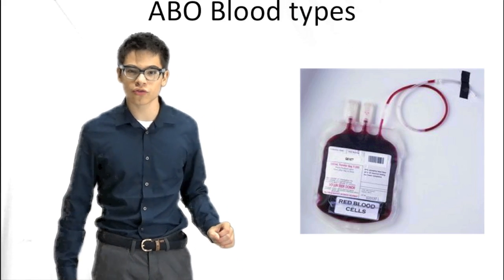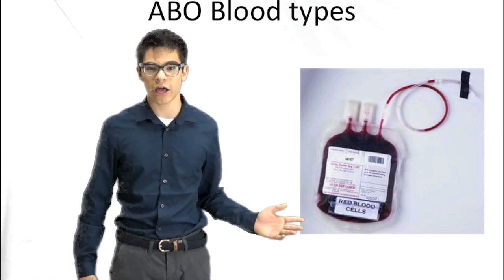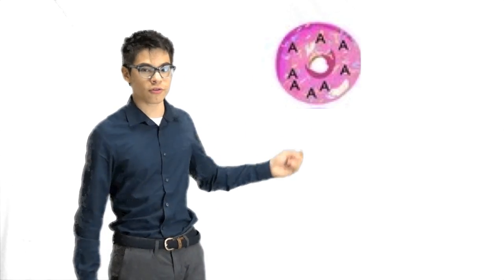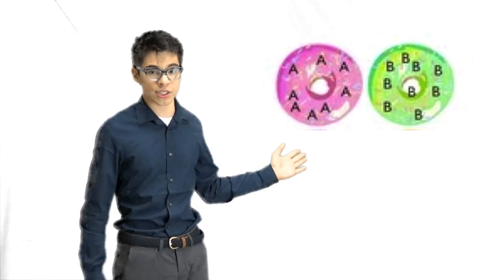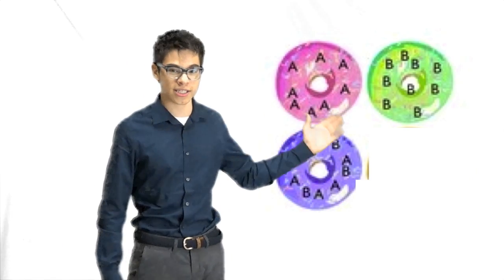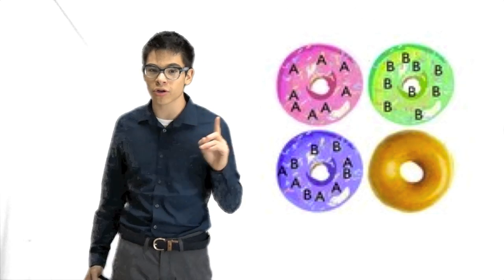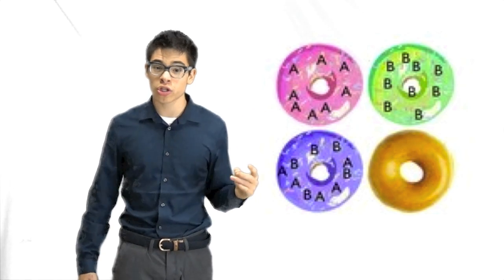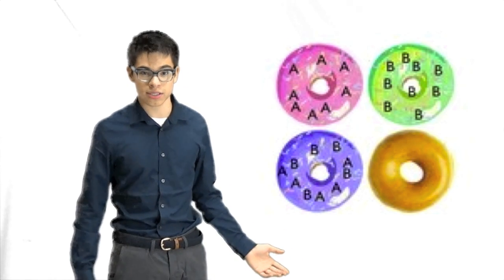So in order to help us understand, I'm going to enlist the help of some donuts. So without thinking any further into it, here we have a donut with A sprinkles, a donut with B sprinkles, a donut with A and B sprinkles, it just likes it all, and just a regular plain old donut with no sprinkles. So the donuts represent our red blood cells, okay?